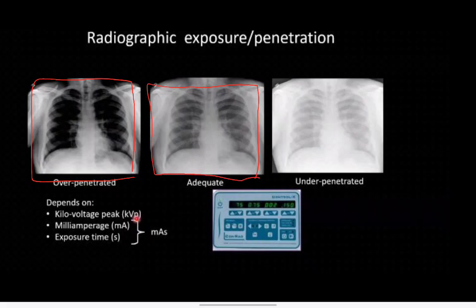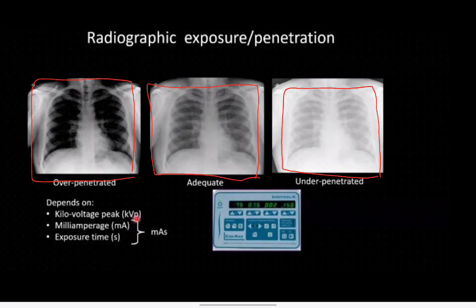If the chest X-ray is done with the beam very weak, then we can't visualize the differences between the structures well. It is then under penetrated. So the penetration or exposure in chest radiograph depends on the quality of the beam used. It should be suitable for each part of the body.